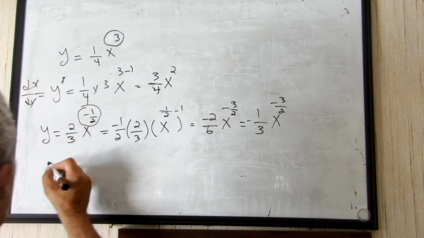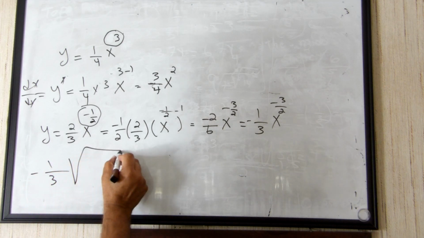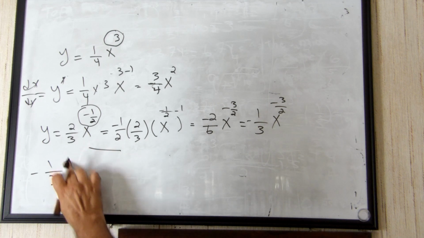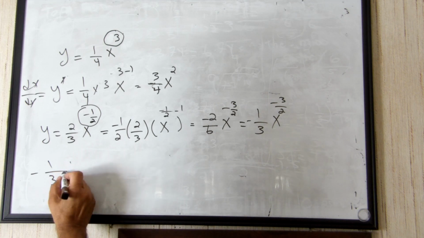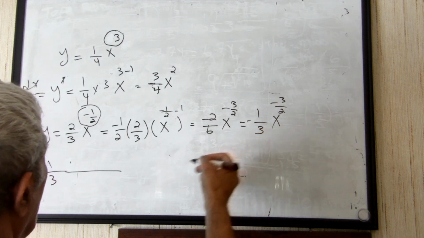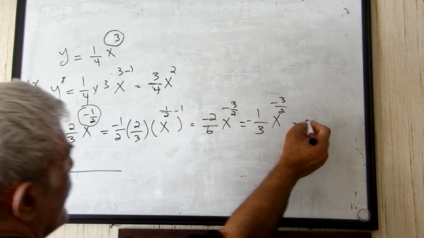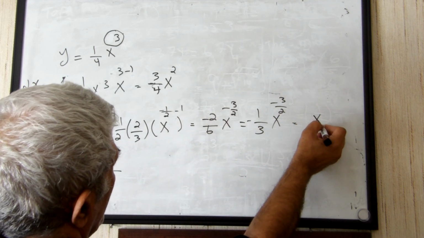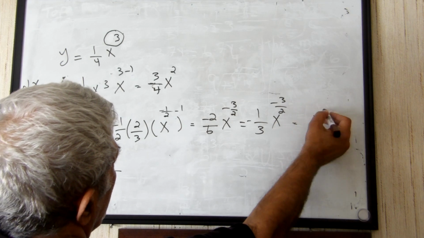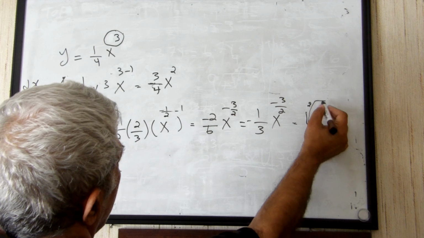And if you want to write it in radical form, see, because it has a minus, you reverse it, okay? You reverse it. If this one is x, this is the numerator 3 and 2.